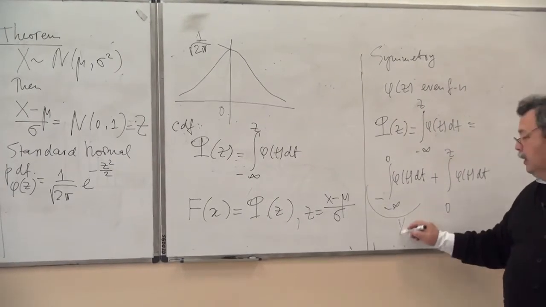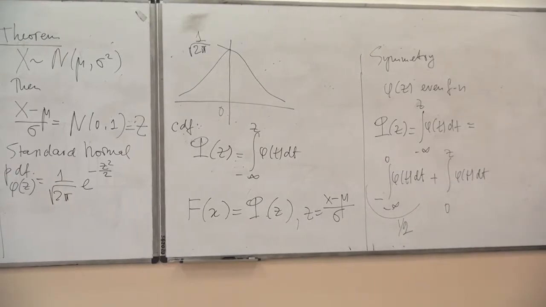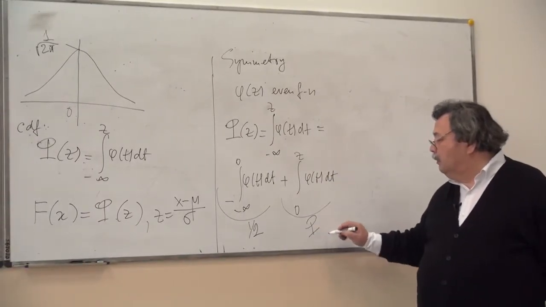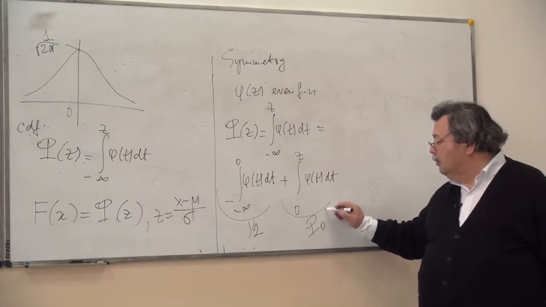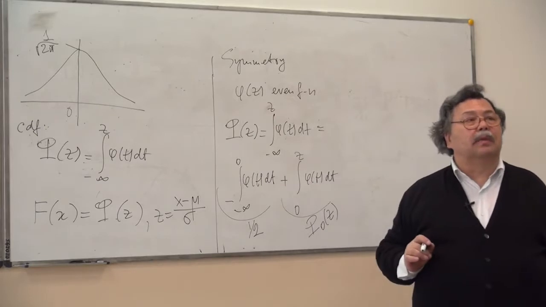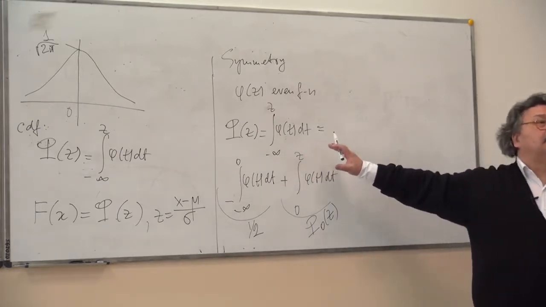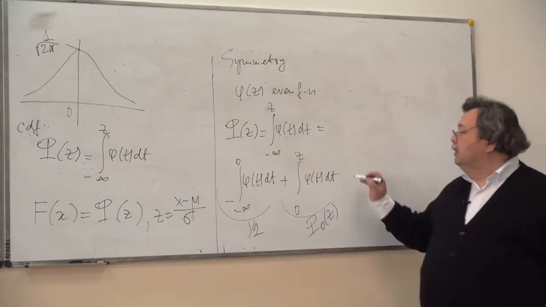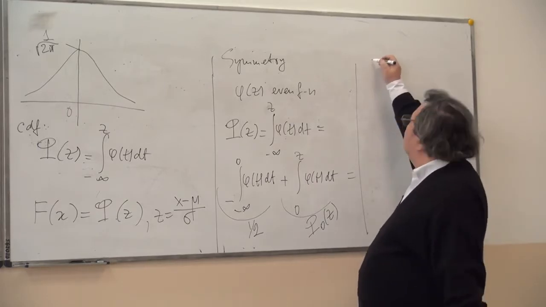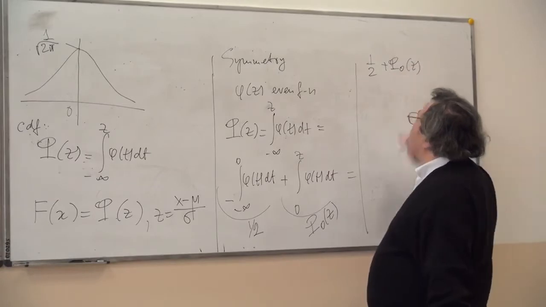That is 1/2. Okay, and let's introduce a special name for this other integral. Let's call it capital Phi 0 of z. Capital Phi of z is just the cumulative distribution function, and let's call one piece of it Phi 0. Then we have 1/2 plus Phi 0 of z.